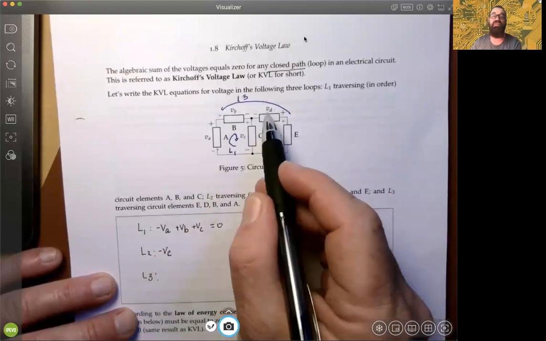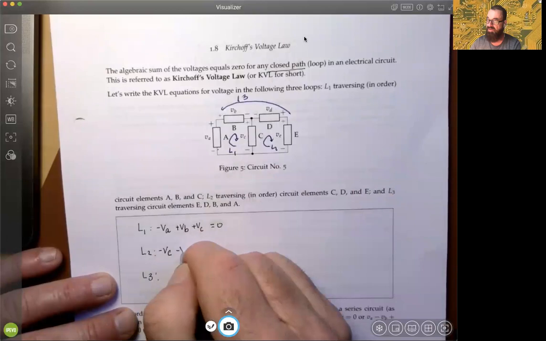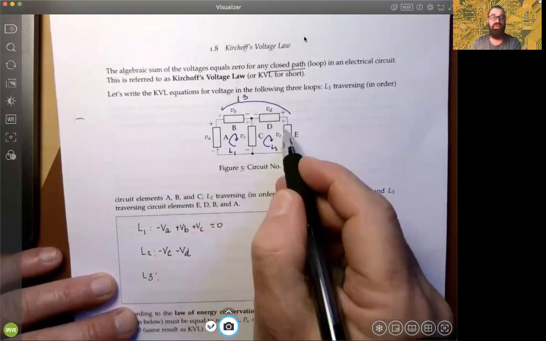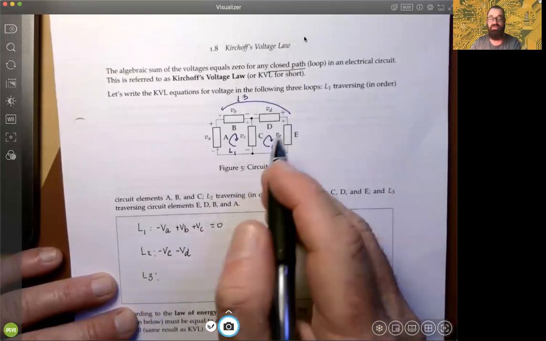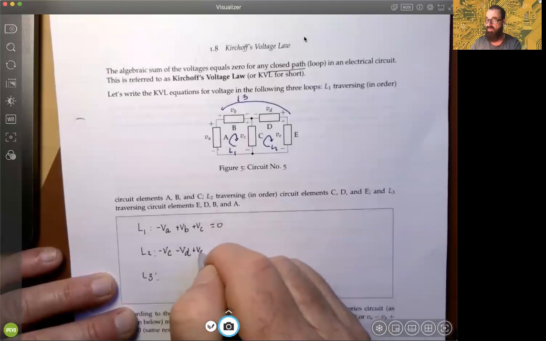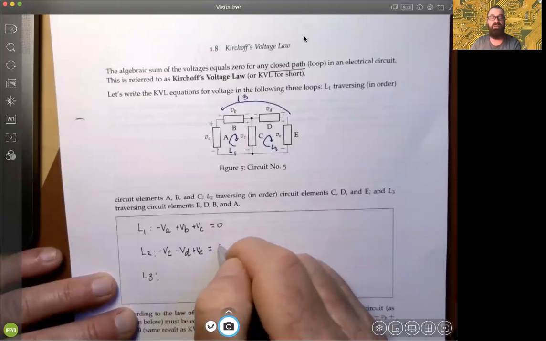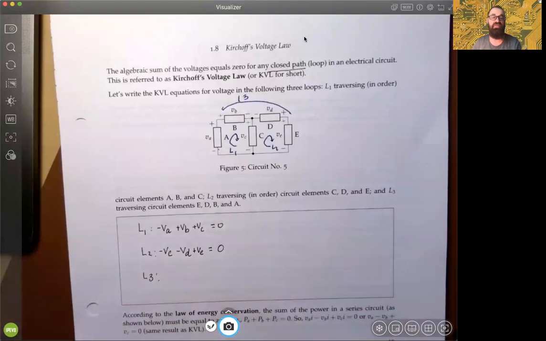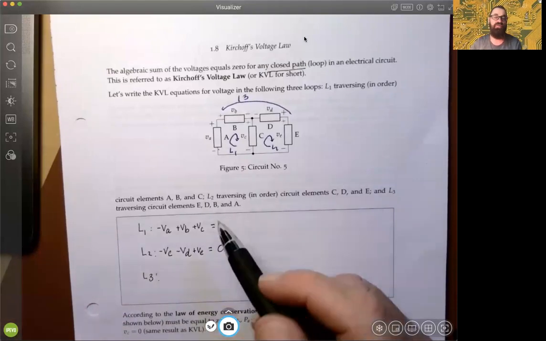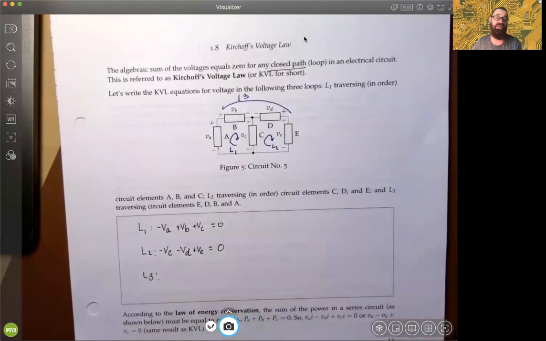Then we're coming up through D, hitting the negative polarity, minus VD, and then coming into the positive pole for the element E. So that will be a PRC representation. And again, that has to be 0. Or in other words, the voltage in E has to be the sum of the other two, okay?